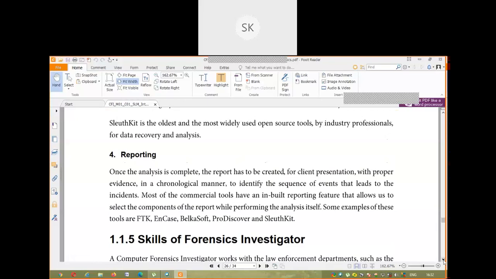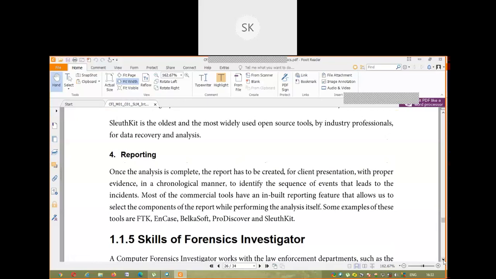We have to show those findings to the court of law, or present to somebody that this was the data originally collected, and this is what we got by analyzing all those data. So we have to report these things to the law court.